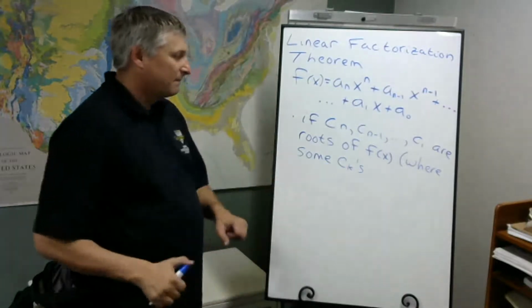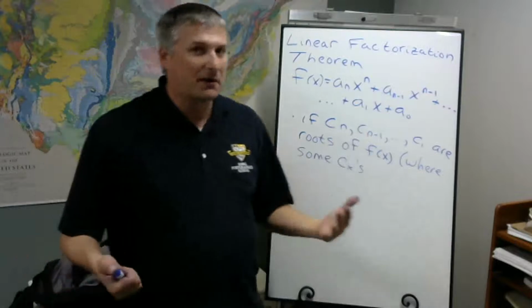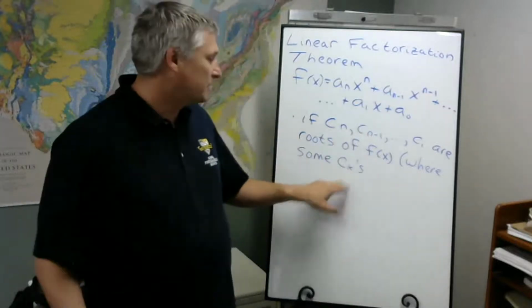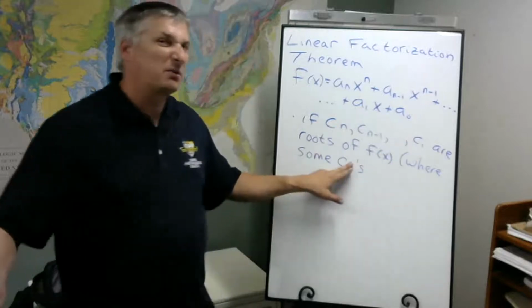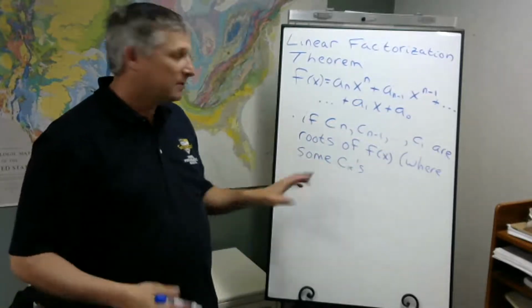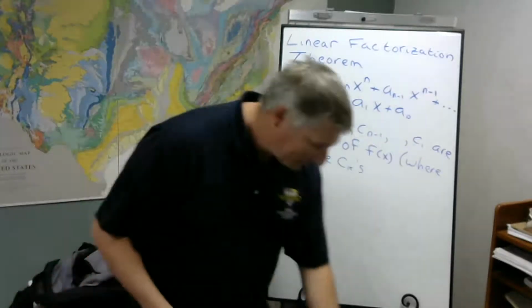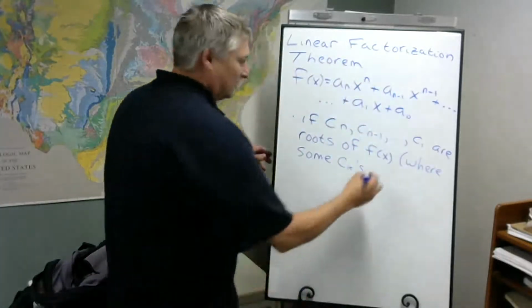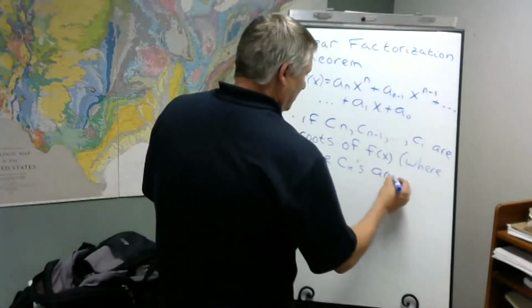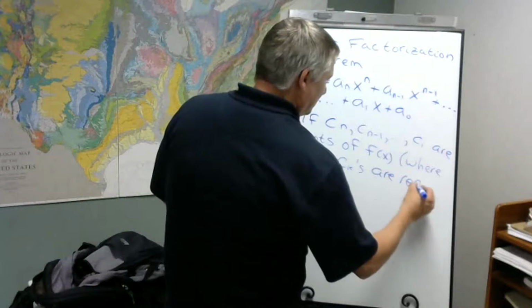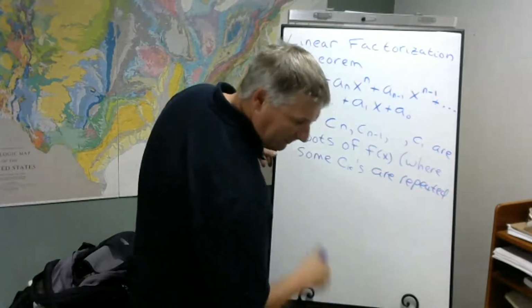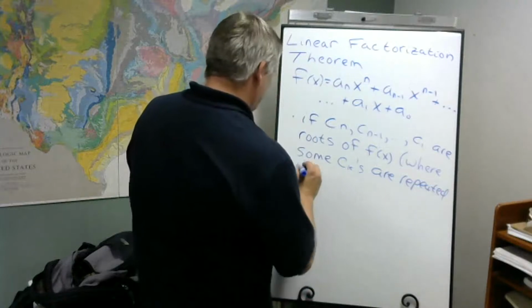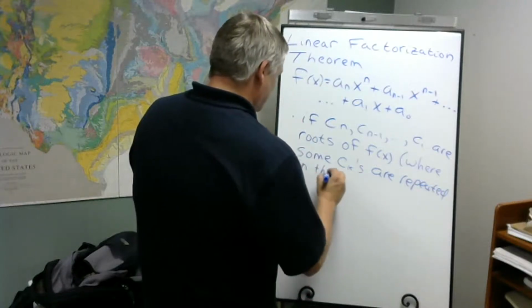I know these are pretty generic, but this is an even more generic one. You could say where some of these c's in here, that might be a better way of thinking of it, some of these in here are repeated in the list.